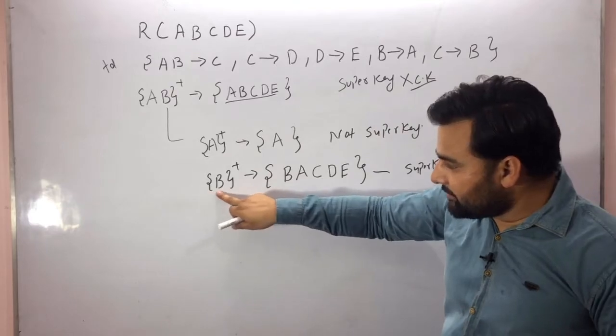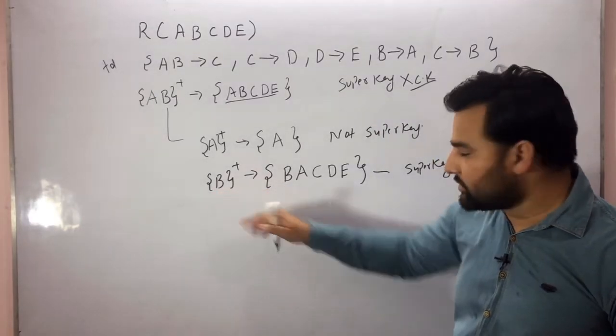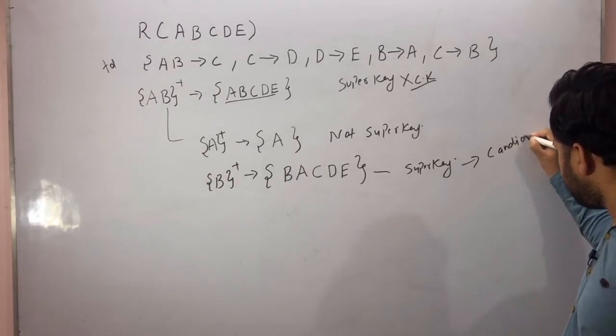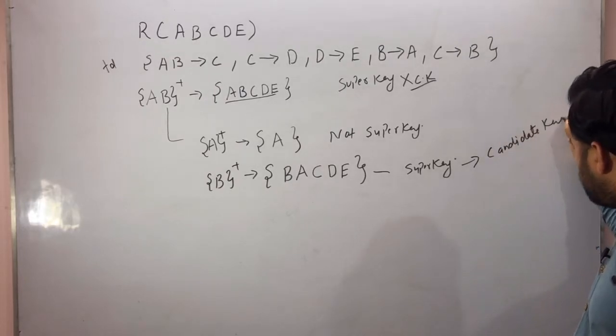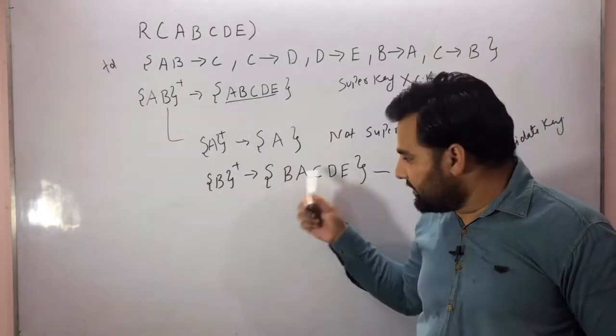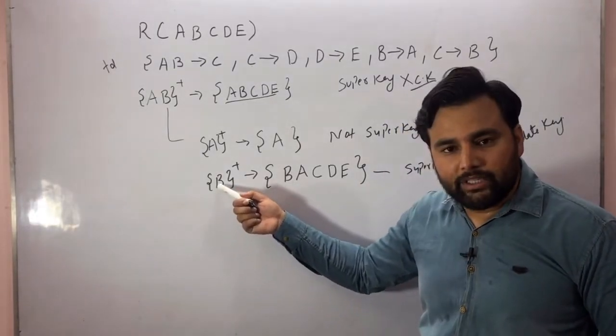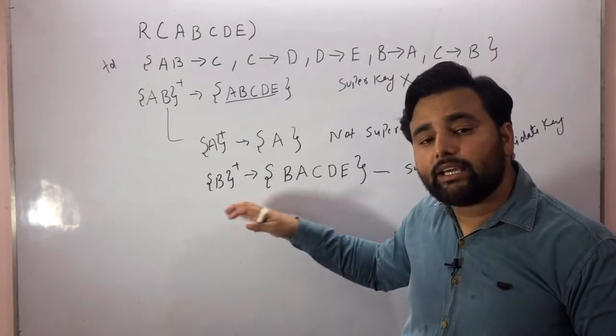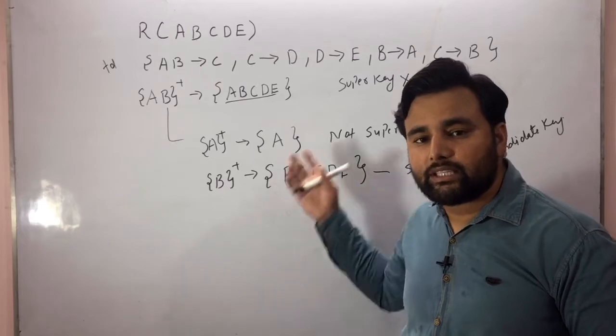So here B is a single attribute, so this is known as a candidate key. So this B is a super key and B is also a candidate key because there is no subset of B. Okay, so now we'll check whether there is any other candidate key available in this relation or not.